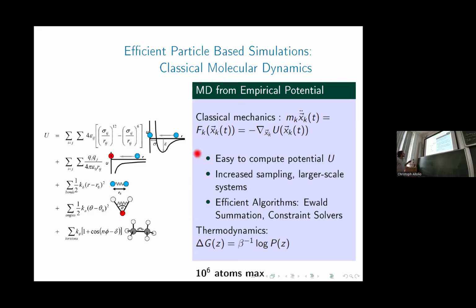These particle-based simulations typically are using Hamiltonian mechanics, or just Newtonian mechanics, where you have some potential U, which is rather complicated and describes all the interactions between the particles. I don't want to go into too much detail, but what you may want to know is that you can imagine these things as classical particles.